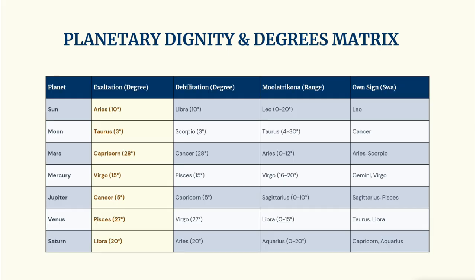We have to see whether it is sitting with a malefic or a benefic planet, whether that planet is a friend or an enemy, whether it is getting an aspect from a malefic or benefic planet, and who is the lord of the house in which it is sitting and how powerful that lord is. All these parameters have to be analyzed to judge the strength of that planet.